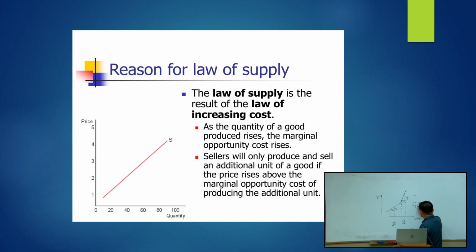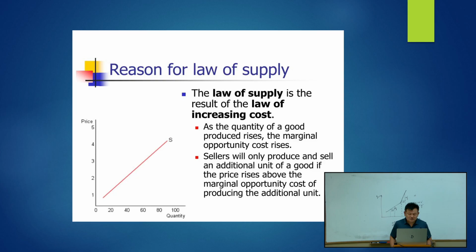Delta y prime is bigger than delta y. It means prices increase sharply on the graph. This is the marginal concept, even in the same period, but the output delta y compared to delta y prime is different. So the reason for the law of supply also introduces the marginal concept.